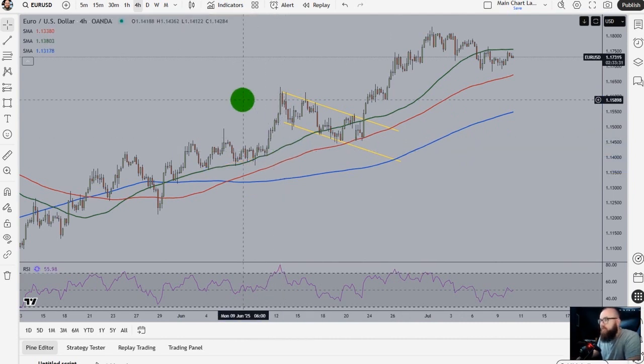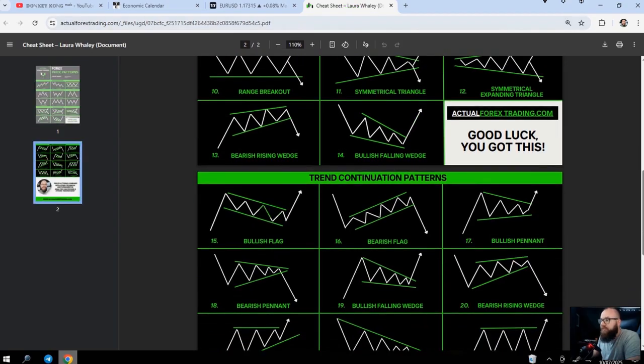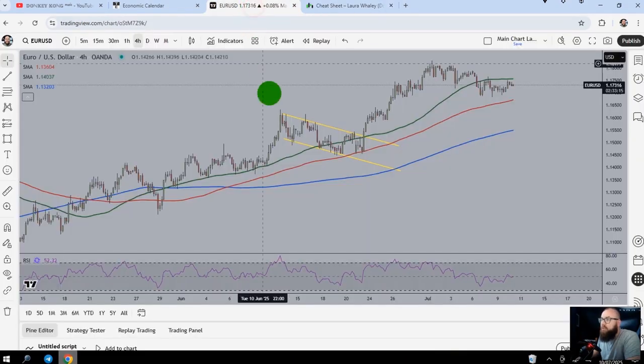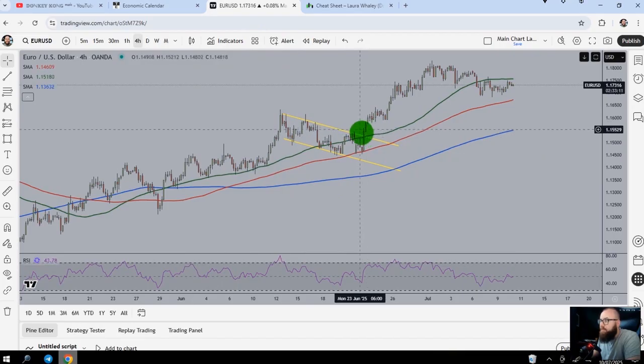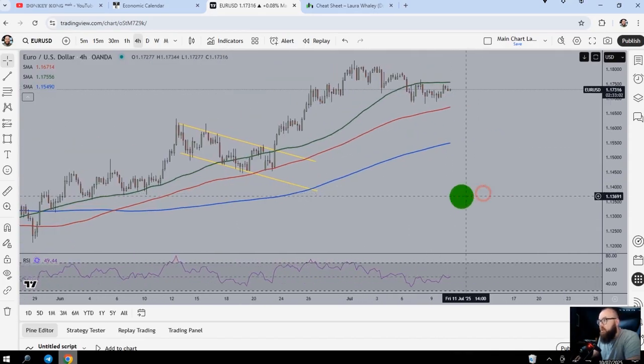Okay, so let's go back to the cheat sheet. It's this, a bullish flag. The retrace move is in a channel, so number 15, and the ascending triangle, number 21. So have a look at them and look at the price action that we've marked. Once again, price breaks above the channel resistance. That should signal to perhaps go long.